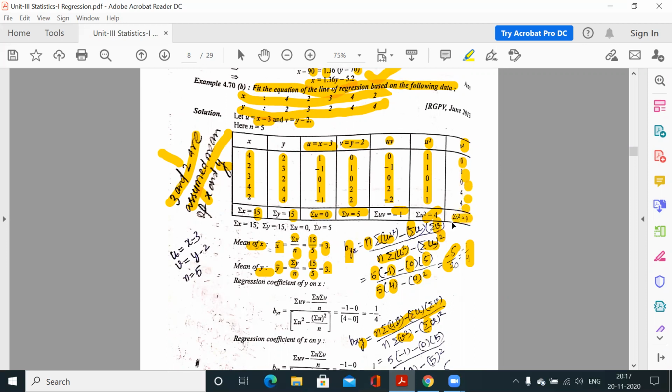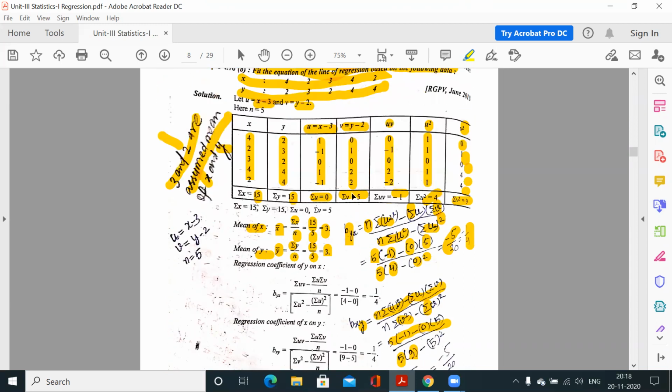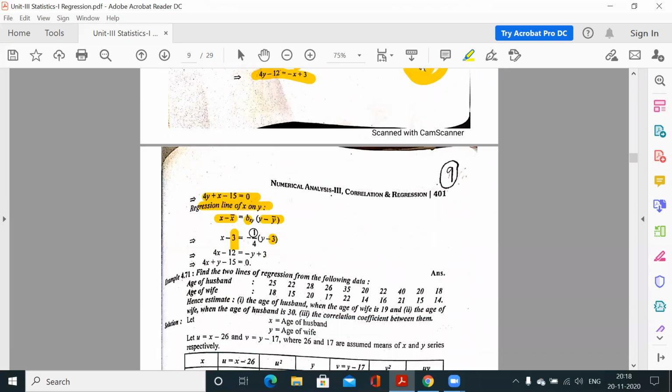So sum is 9. The numerator is the same. This is n, which is 5. Summation v square is 9, and this is summation v whole square. Summation v is 5, so 5 square. So again we are getting minus 1 by 4. Just simplifying the equation, this is the regression line of x on y.